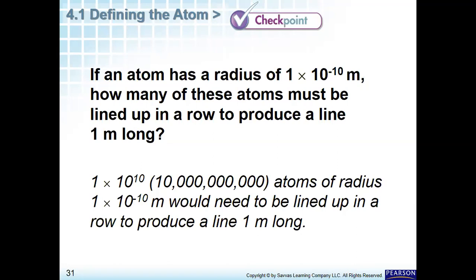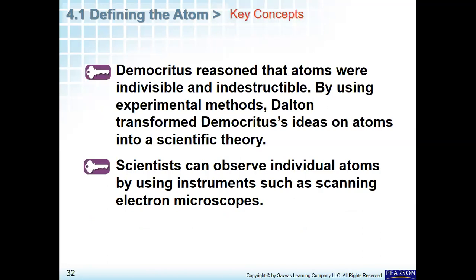And that's too much. It's 10 billion atoms in this line of 1 centimeter. Can you expect that? That's a very, very large number.